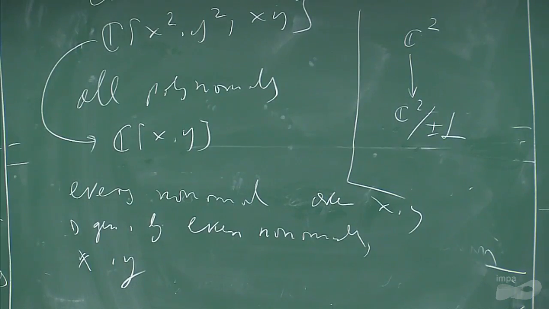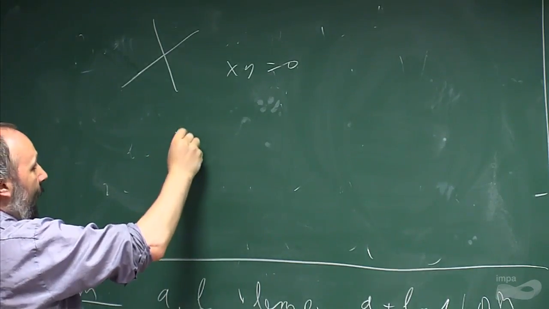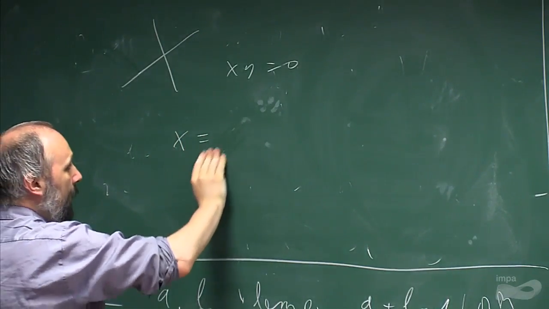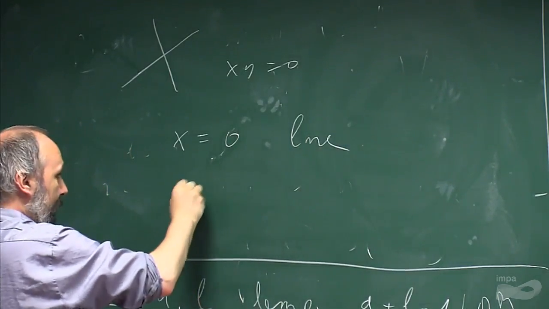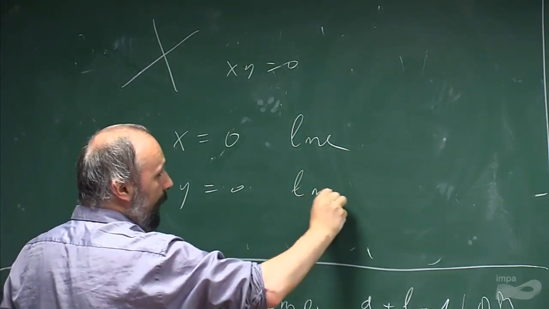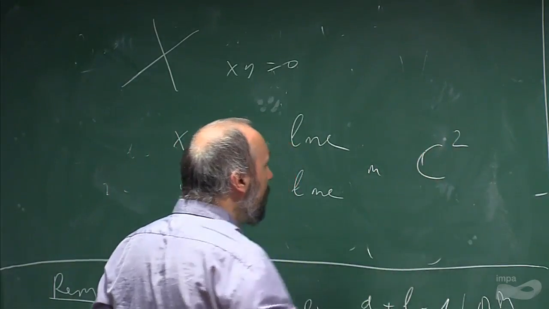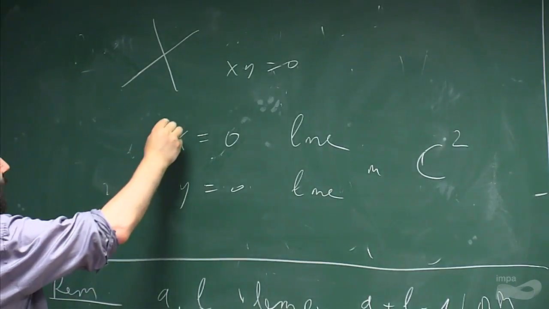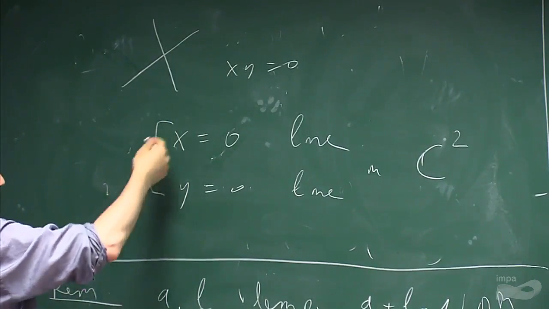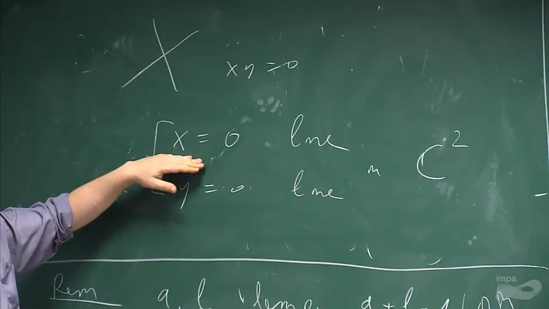We have a singular curve. Oh yes, this is a good example of a finite map. You have xy equal to 0, which is a union of two lines: the line x equal to 0, and then y equal to 0, another line, in C^2. So it's a disconnected union.